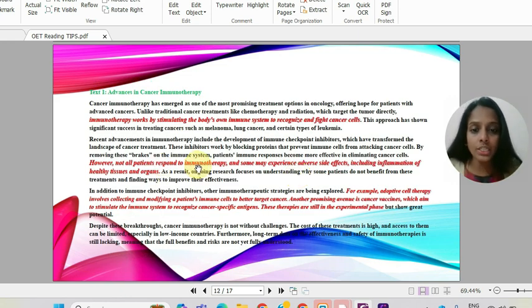So, if you find it in the second paragraph, however, not all patients respond to immunotherapy and some may experience adverse side effects, including inflammation of healthy tissues and organs. So, here it specifically mentioned that while immunotherapy has shown success, not all patients benefit from it, right? And this is one of the challenges discussed in the text.